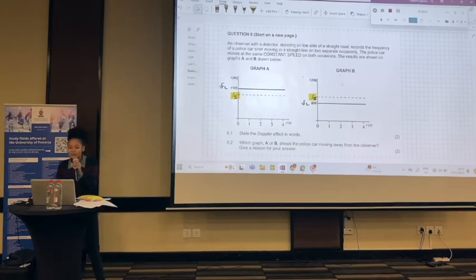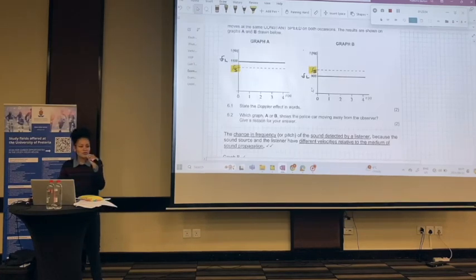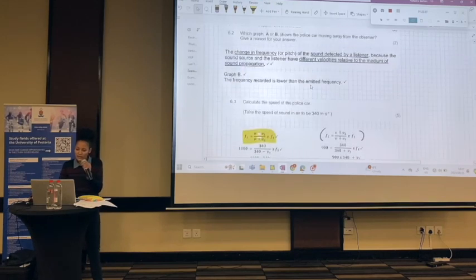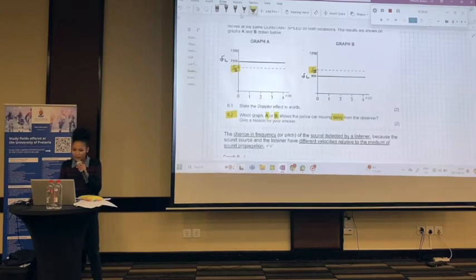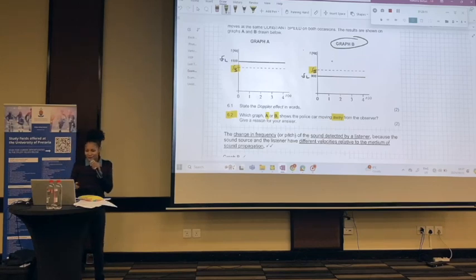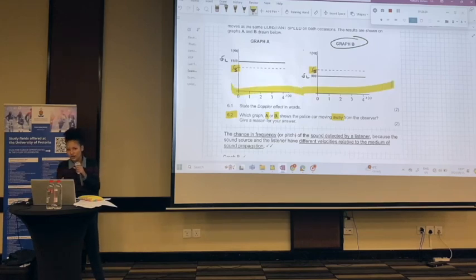So here's a common mistake that some people made. Maybe your teachers are nicer than me and they won't penalize you, but they asked in question 6.2, which graph, A or B, shows the police car moving away from the observer? That would be this one, B. Now that we know that it's B, we state the reason why. The reason is not because we compare the two graphs to each other.